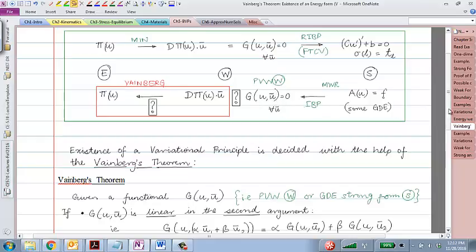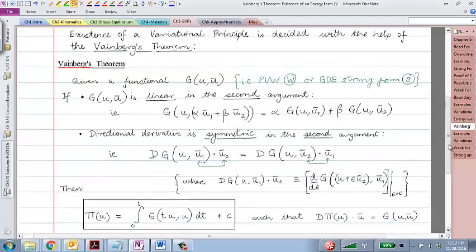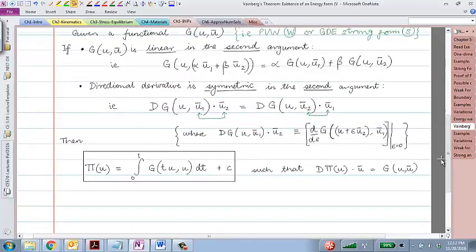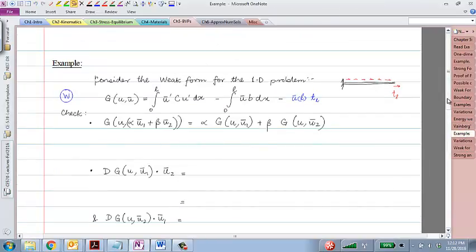In the same way, U1 bar is a virtual displacement function, and U2 bar is a different virtual displacement function. So these are all functions, and this expression gives us a way to calculate the energy functional. Let's see how that works here.